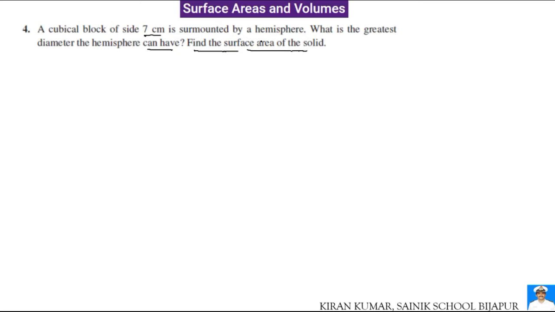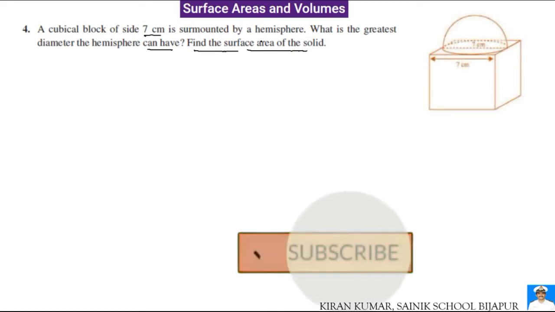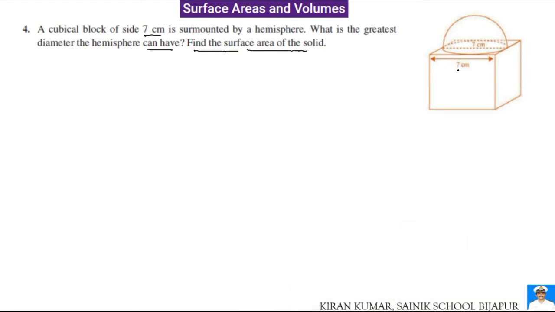Here, a cubical block is surmounted by a hemisphere. They have mentioned that the side of the cubical block is 7 centimeter, hence the diameter of the hemisphere will be 7 centimeter.